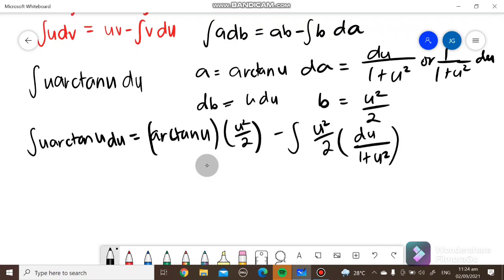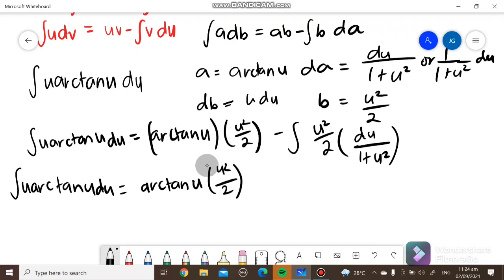Tapos, pagkatapos niyan, we have to simplify. So, we will have the integral of u arctangent of u du is equal to arctangent of u squared over 2 minus, ilabas natin dito yung 1/2.